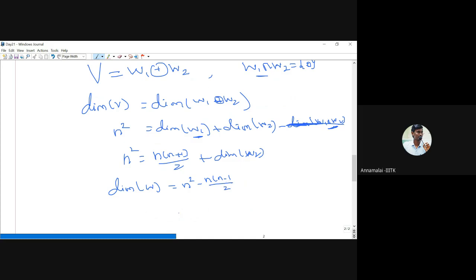Now, just cross multiply and then simplify these. So, the denominator is 2, and the numerator is 2n square minus n square minus n. So actually, sorry, this is minus n, right?